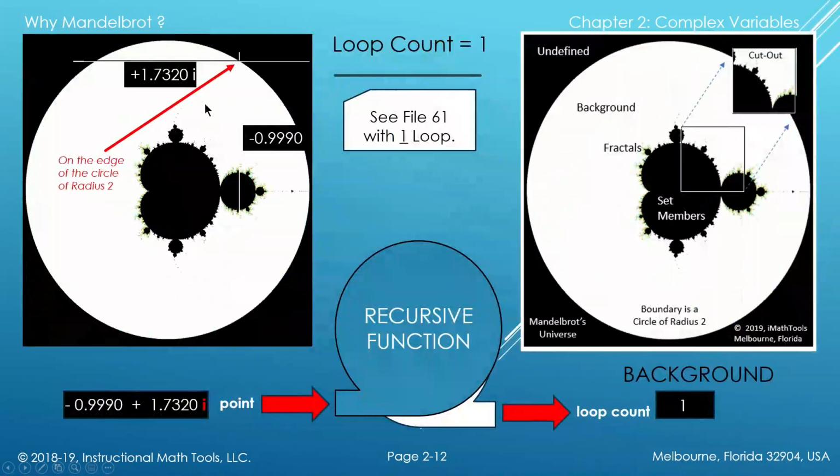Let's go on to the next point. This point is just inside the background. And last time we fed it to the recursive function, it came out with a 1, which told us it was the background. Now we're going to go to the file 61, which is the run file, to see what happened inside this recursive function when we fed this point to it.